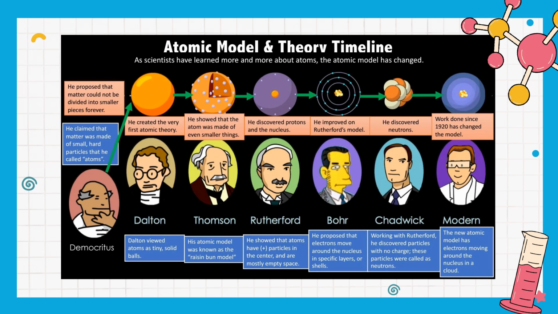These particles were called neutrons. In modern days, the new atomic model has electrons moving around the nucleus in a cloud. Work done since 1920 has changed the model.